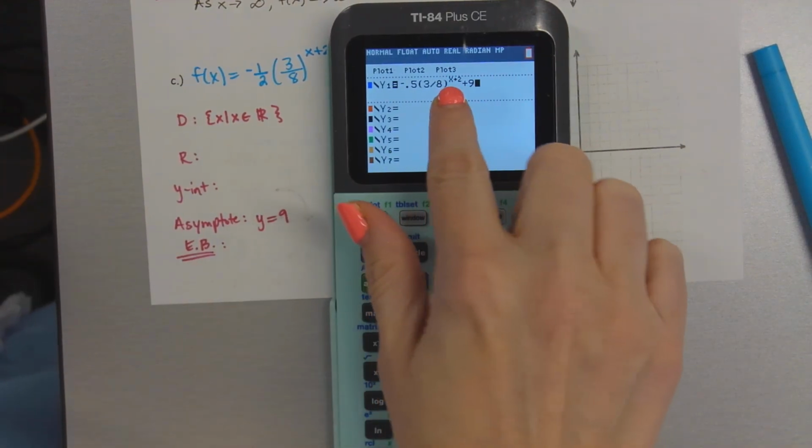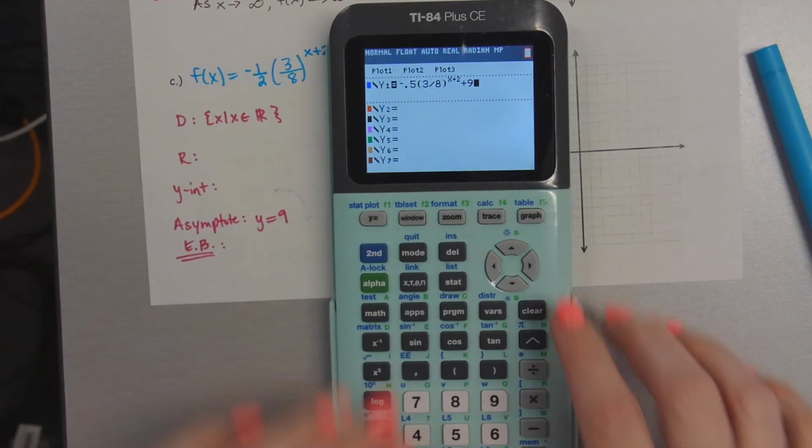And then once you have something in the exponent, just make sure you arrow down and put the +9 there.